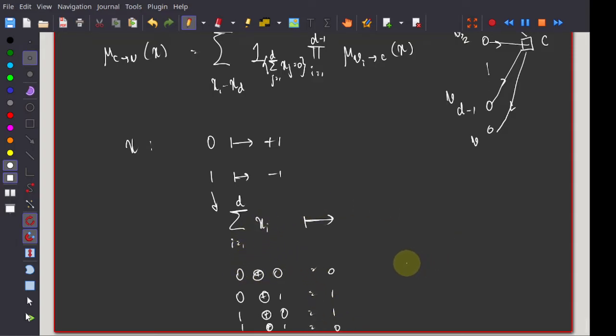If you map this to +1, -1, you get a table which looks like this: 1 1, 1 -1, -1 1, -1 -1. So the pair 1 and 1 gets mapped to 1, this gets mapped to -1, this gets mapped to -1, and this gets mapped to 1. So this truth table essentially corresponds to the truth table of the XOR operation. What do you think this particular truth table corresponds to?